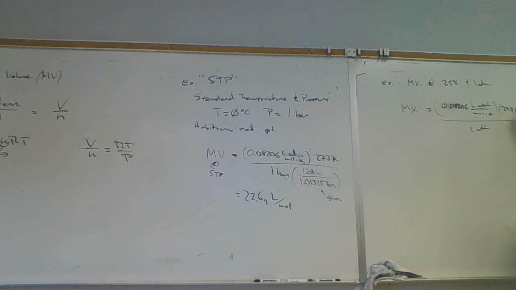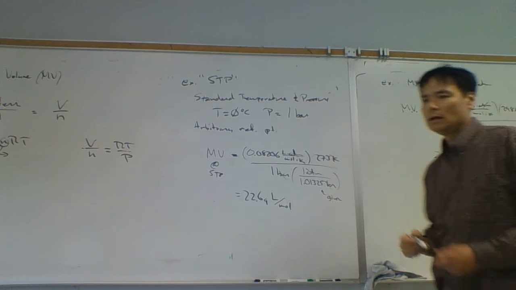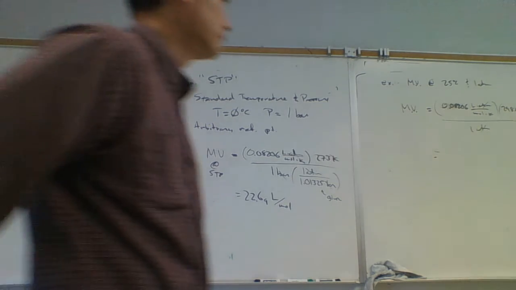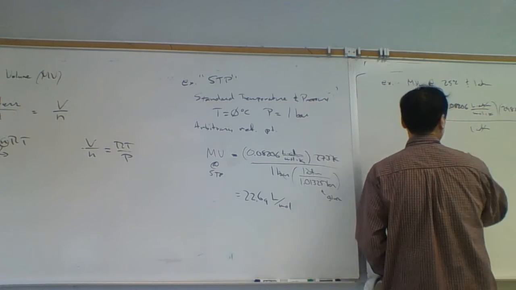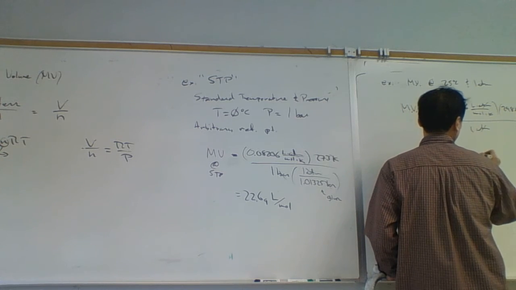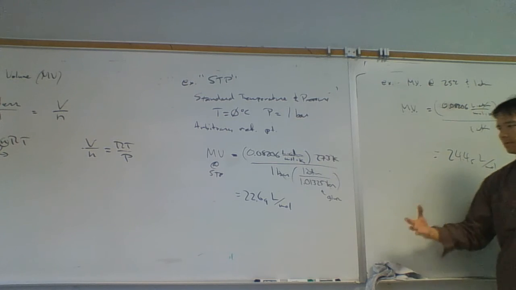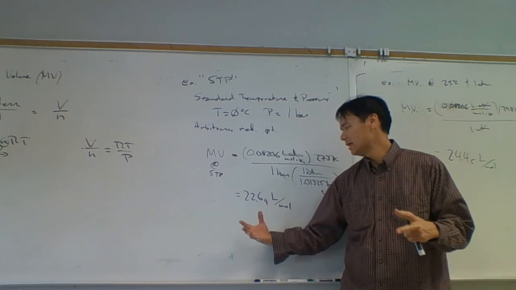So atmospheres cancel, Kelvins cancel, and that gives me liters per mole. So let's go ahead and calculate it. 0.08206 times 298 is 24.45 liters per mole.